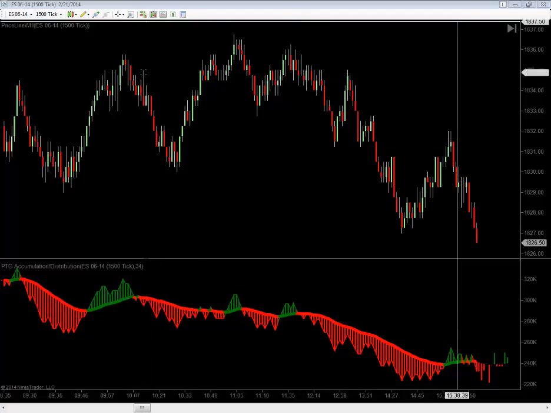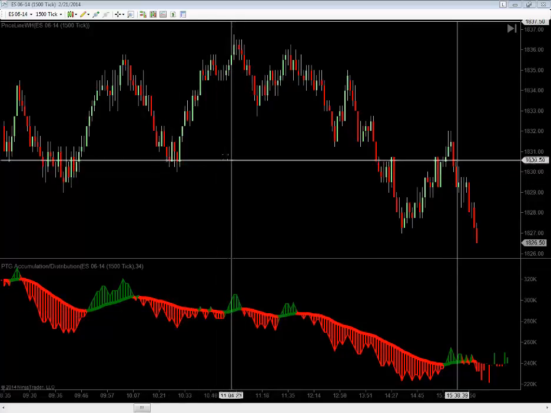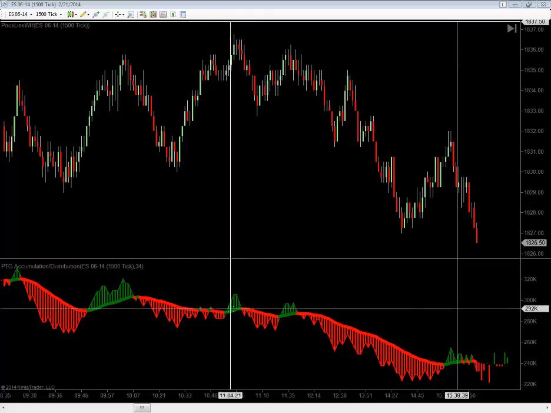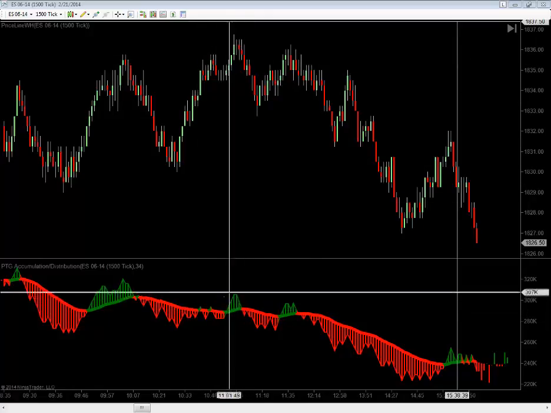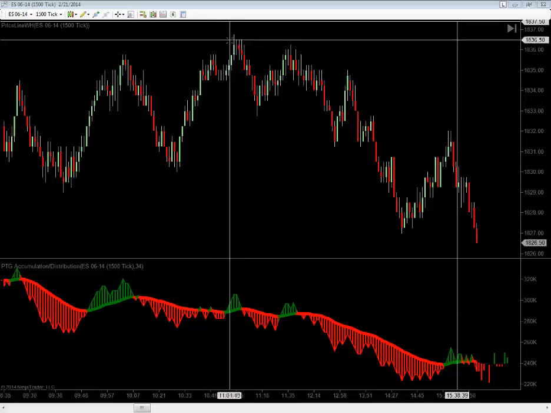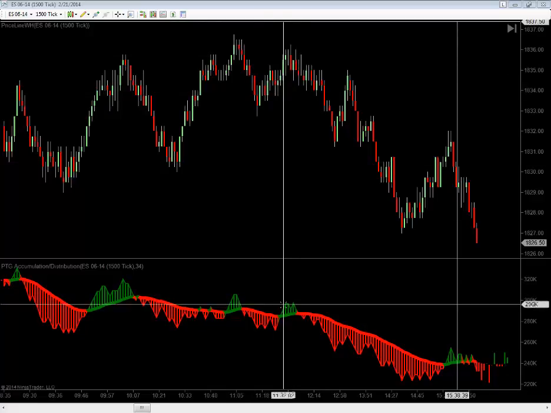and each push down in price was associated with a little bit more aggressive selling. And then this rise in price here, as you can see on the accumulation distribution, did not really associate with any real strong buying. Same thing here, another push up, very little buying.